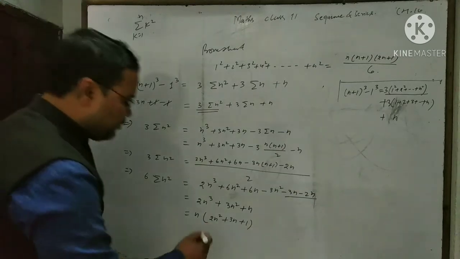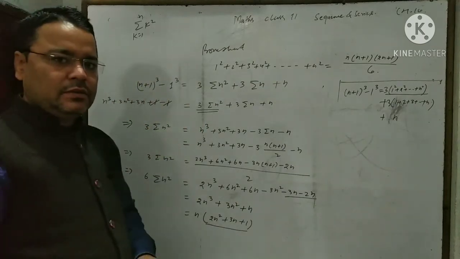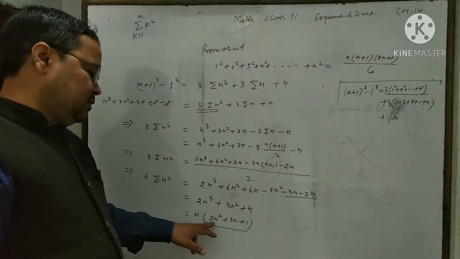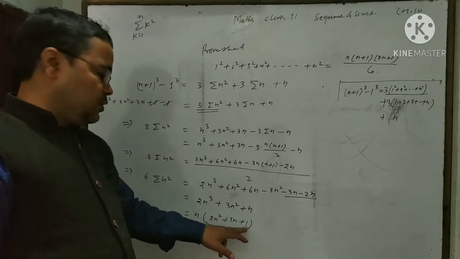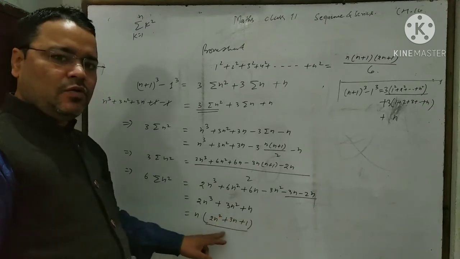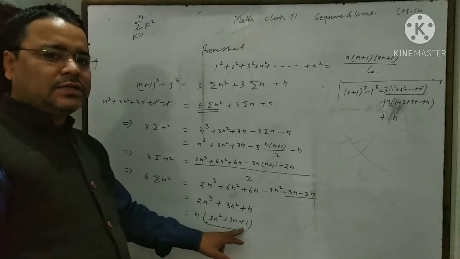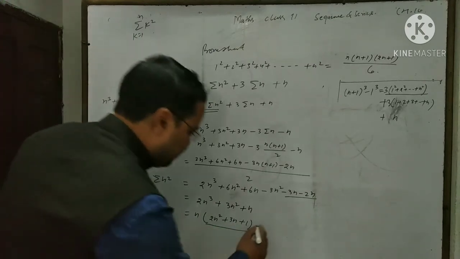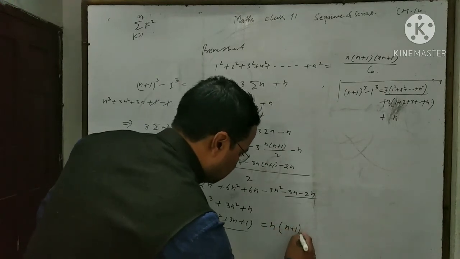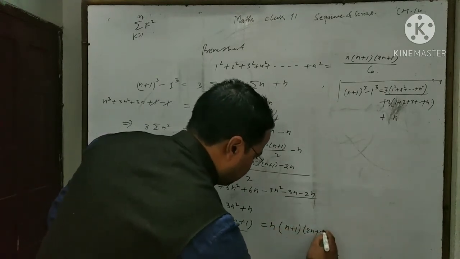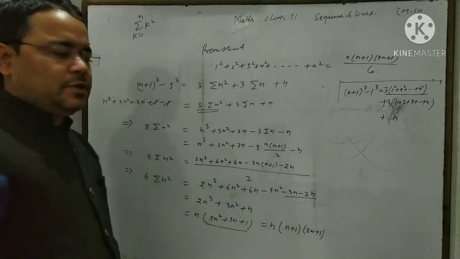Dear student, this is a quadratic polynomial whose first term is 2n², second term is 3n and plus 1. We can factorize this. The coefficient of n² is 2, the coefficient of n is 3 and this is the constant. If we try to factorize it, we find that its factors are n plus 1 and 2n plus 1.